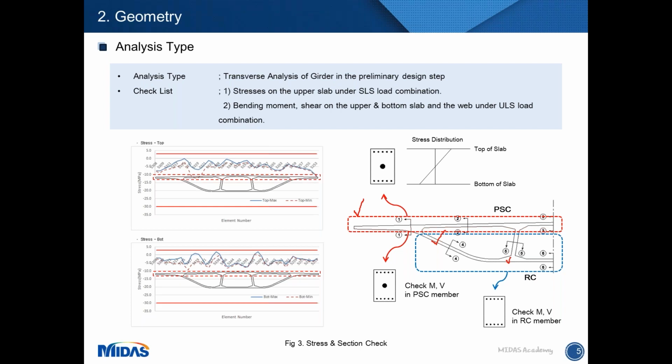And then all sections were checked under the ULS combination. And this is a PSC zone, so there are tendons in the upper slab of the girder. So I checked stresses at the top and the bottom side of the upper slab to verify the section under SLS combinations. The left figure shows the comparison of the stress result and the limitation of stress in the design code.